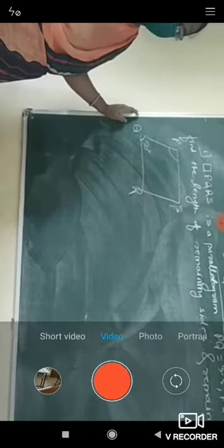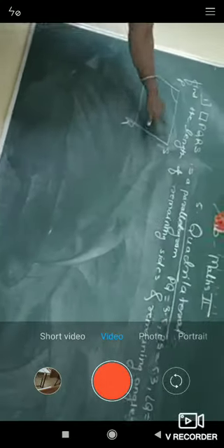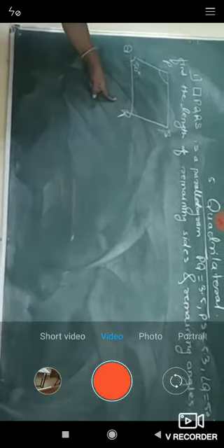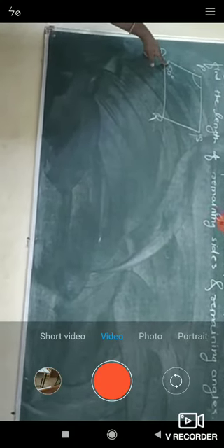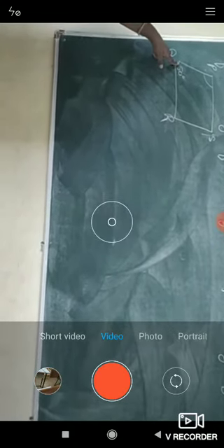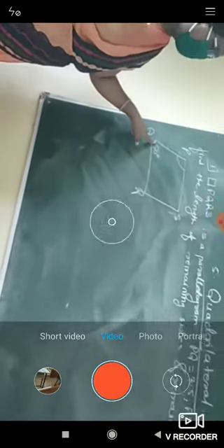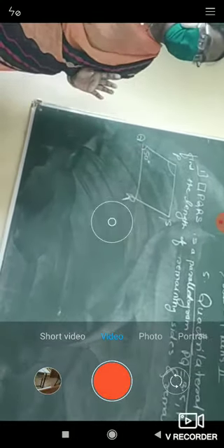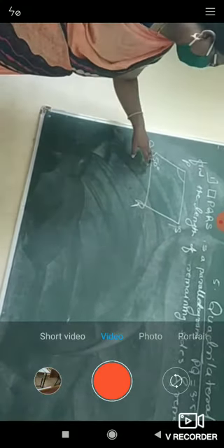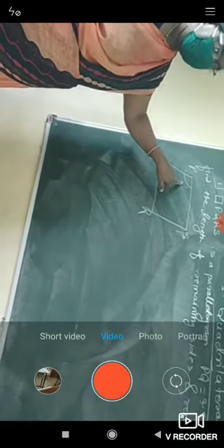If angle Q is equal to 50, what is the measure of angle P? The reason behind it is PS is parallel to QR, and angles P and Q are interior angles between two parallel lines, and the sum of the interior angles between two parallel lines is 180. So it is 50, so it will be 130.